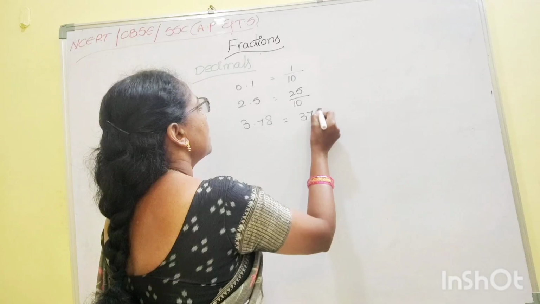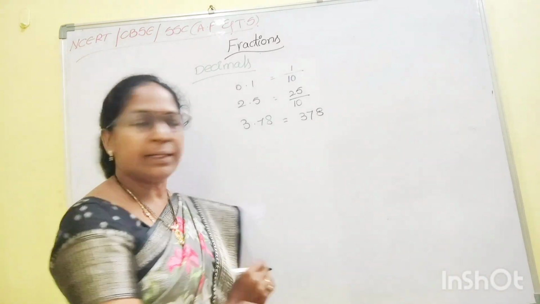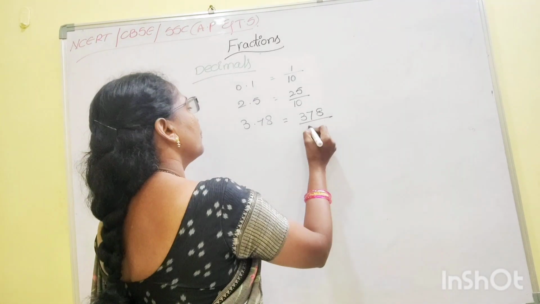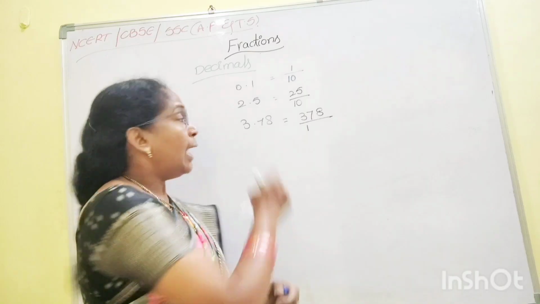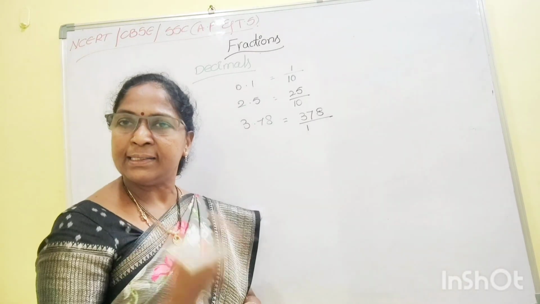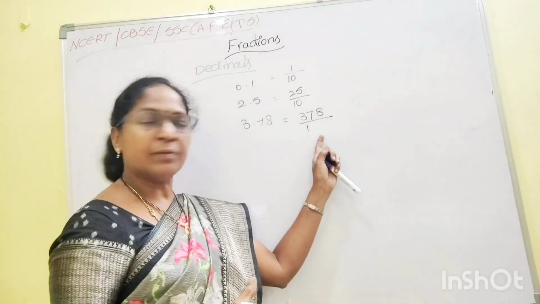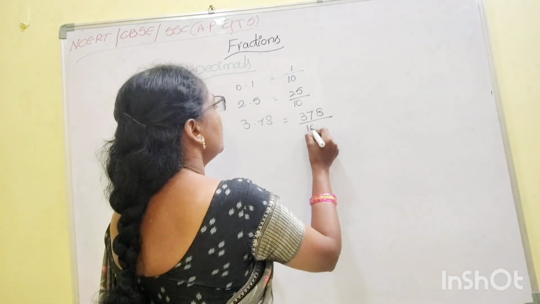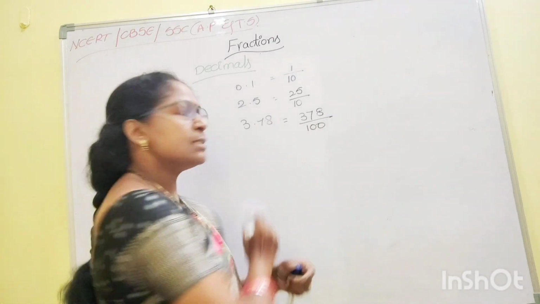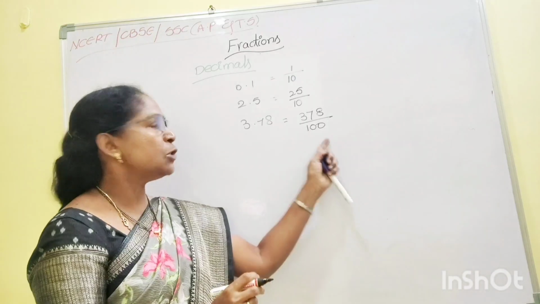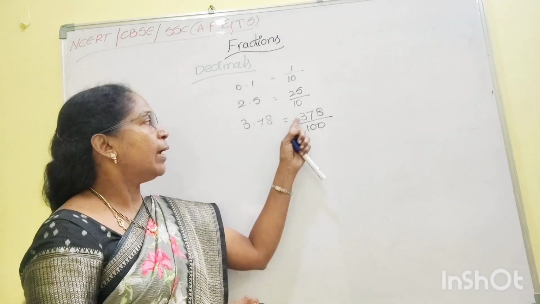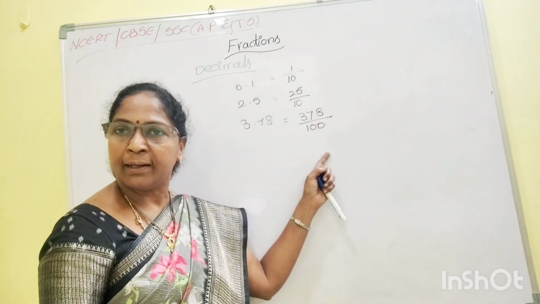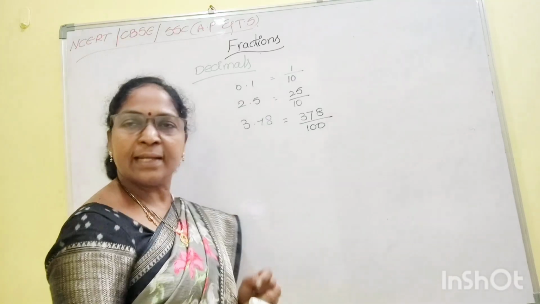Write the number as it is, 378, divided by 1. And here after the point how many digits are there? Those number of zeros you have to write here. 1 after 2 zeros. 2 digits are there, so you write 2 zeros. That means the equivalent value is 378 by 100.